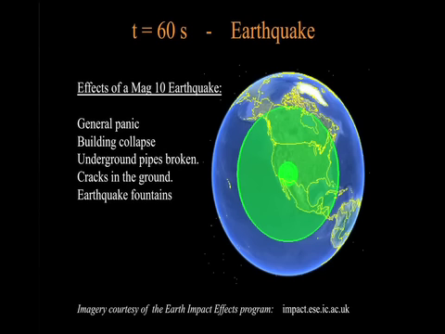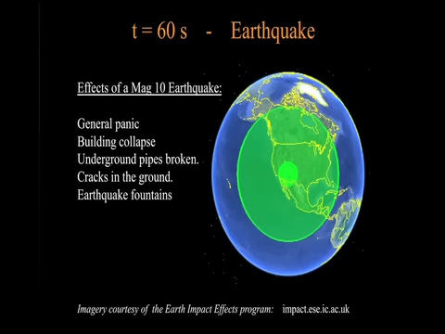So the effects of a magnitude 10 earthquake. General panic. If you're on fire, I think if you're not panicking already, then the earthquake is going to give you some general panic. Buildings will collapse, underground pipes broken, which means that if we don't have enough to worry about, we've got gas leaks, more fires.